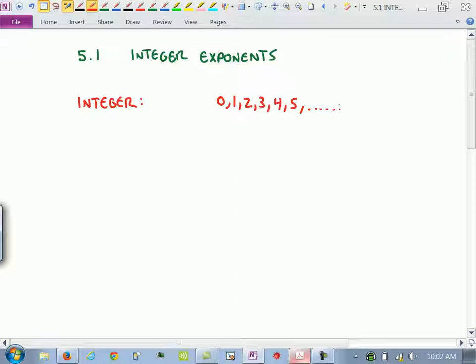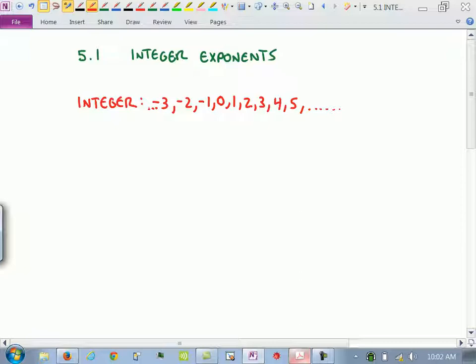But you also have the negative numbers, okay? -1, -2, -3. Those are integers. So that list goes to the left forever also. So someone give me an example of a number that is not in this list. 1/4, okay?